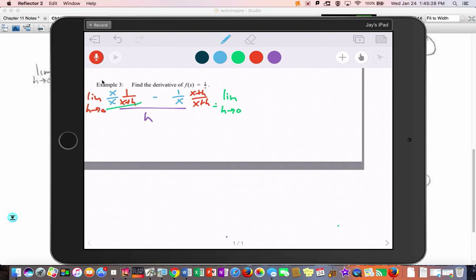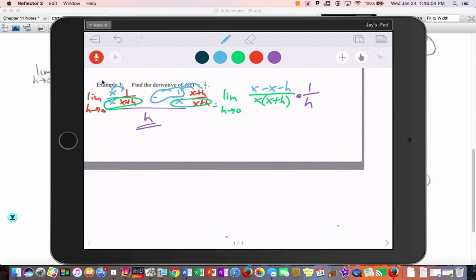So what you'll see is right here and here, I have a common denominator, and I'm just going to go like this. And I get x times 1. Now be careful here. I'm going to take this negative 1 and distribute. So I get negative x minus h. Now, this thing right here is dividing by h. Mathematically, another way to say divide by h is to multiply by 1 over h.